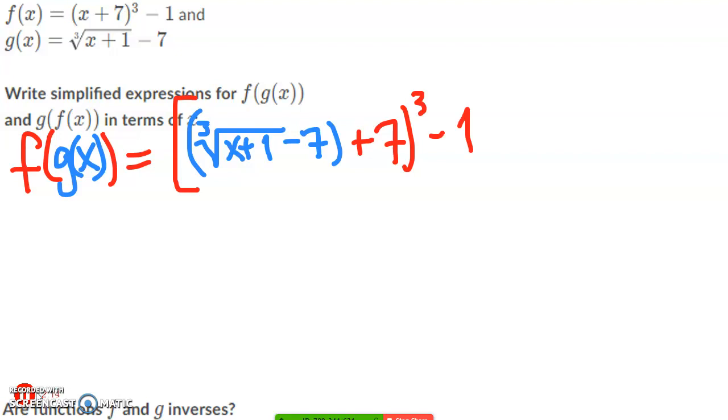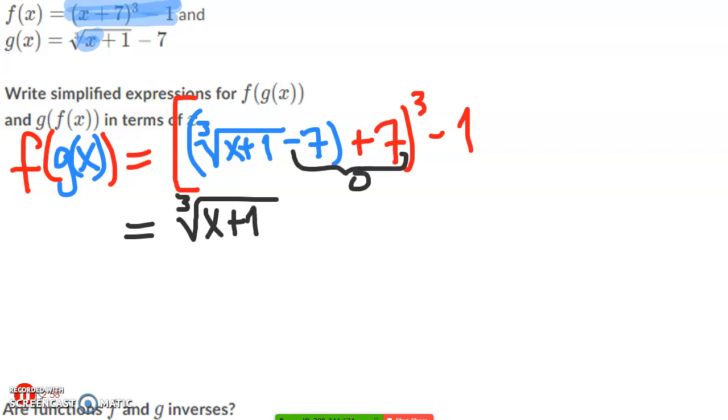So what we've done here, we've taken all of this and we've just put it inside right there. We just stuffed that all in there in the place of x. Okay? So to simplify this, this becomes cube root x plus 1.